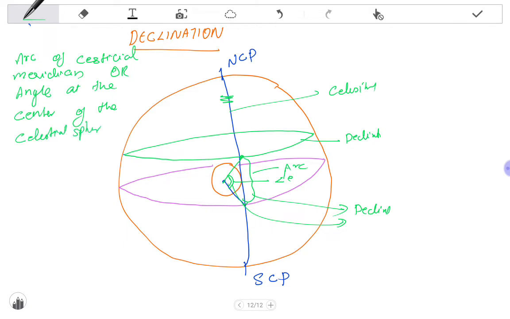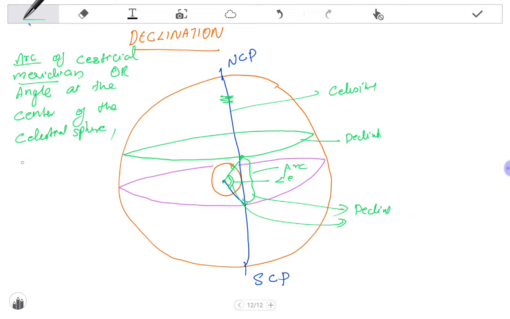Earlier I said that the center of the Earth and the celestial sphere are the same. When we say an angle or arc, it involves two lines, so we have to specifically say between which and which, otherwise the sentence is not complete. So it is an arc on a celestial meridian or an angle at the center of the sphere.